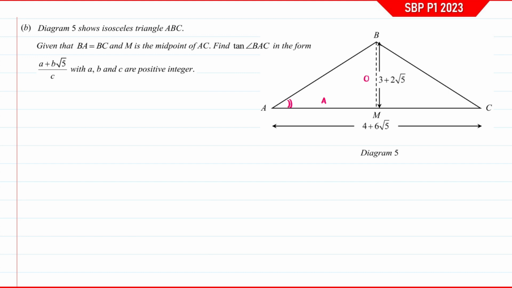As M is the midpoint, the length of AM will be (4 plus 6 root 5) divided by 2, which is equal to 2 plus 3 root 5.